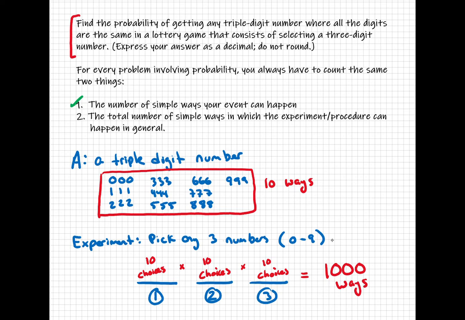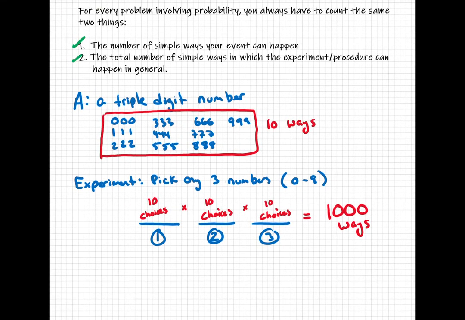10 of those consist of 3 of the same number. And this is our definition of probability. So let me scroll down a little bit. The probability of the event happening is equal to the number of different ways the event could happen, we counted 10 of them, divided by the total number of different ways the experiment could play out.